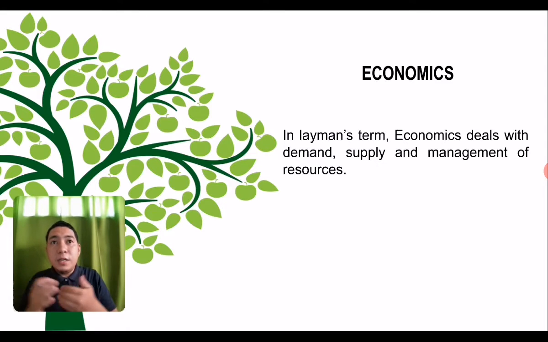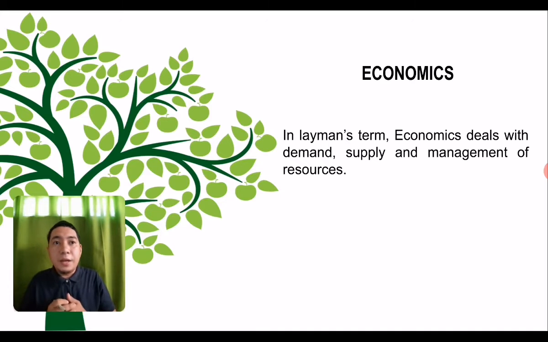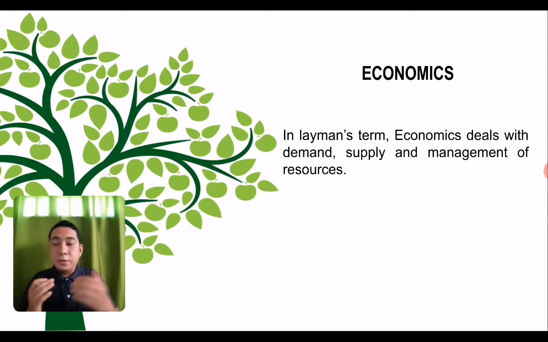We can get our resources for free. For example, if you are in the countryside, in the forest, if you are hungry, you go out and there is a wild boar, and then you go out and there are fruits. Okay, so that's abundance.